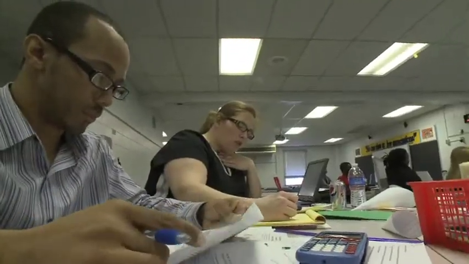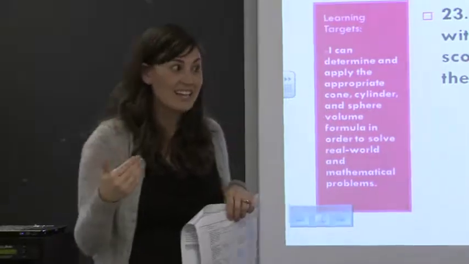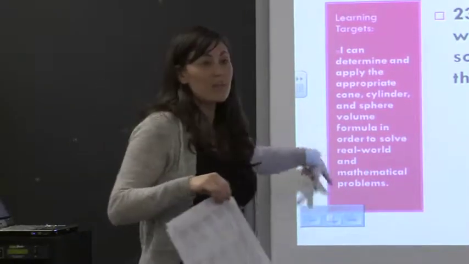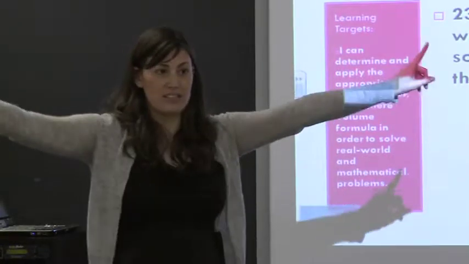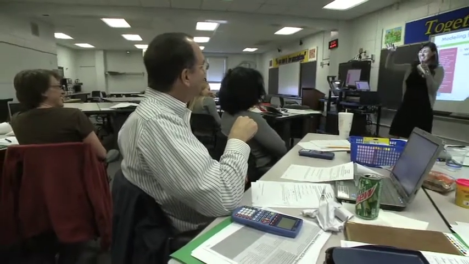Remember, the standard is not just about them knowing the formula. It's about them being able to apply it in what kind of situations? In a real world. Real world and mathematical. Those are two different things. And it's a unit document that pulls together standards, learning targets, IEP goals that could be associated with those.